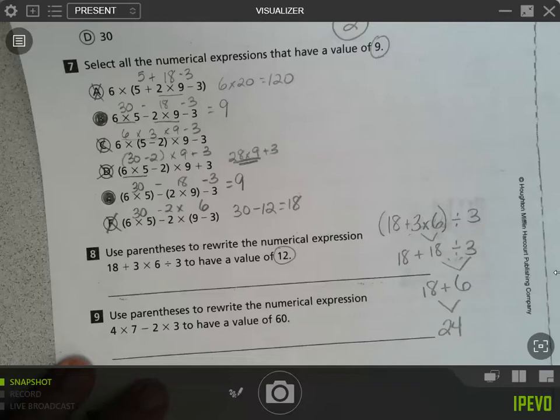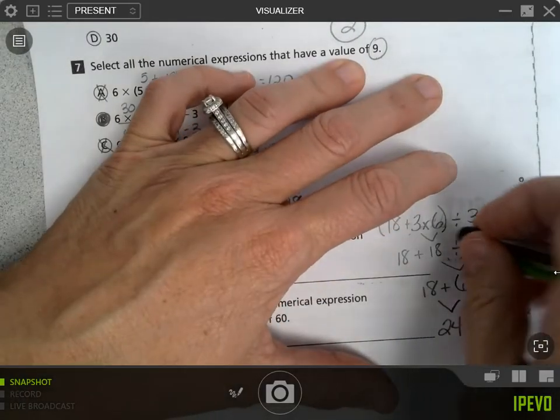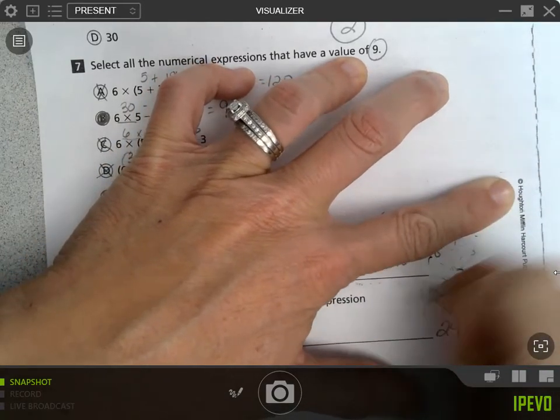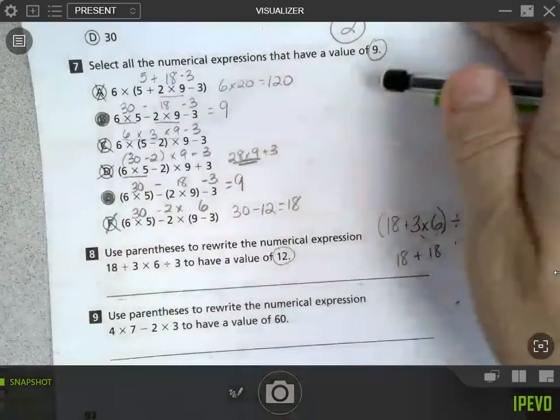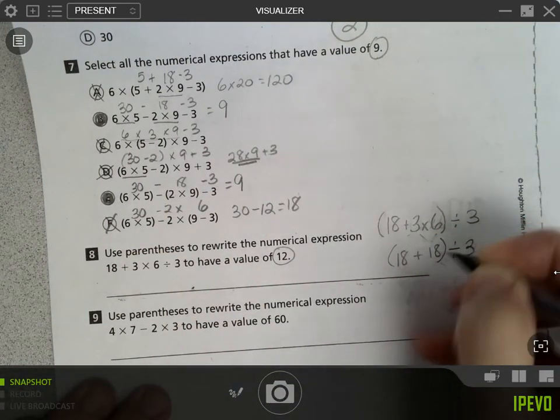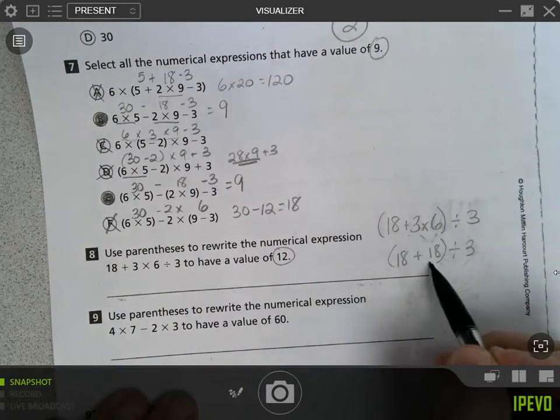Nope. Don't challenge me on that. I see what I did. I should still be in the parentheses here, shouldn't I? Oh boy. Checking my own work here. I didn't remember to keep my parentheses. I did 3 times 6. I still have to add an 18 there.